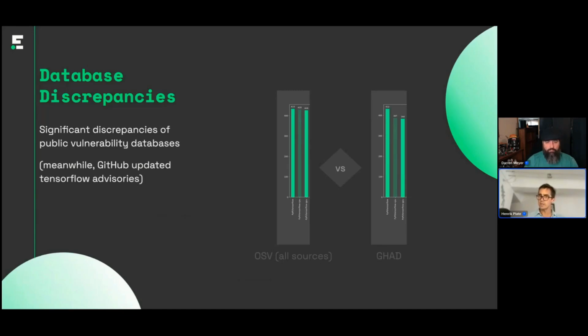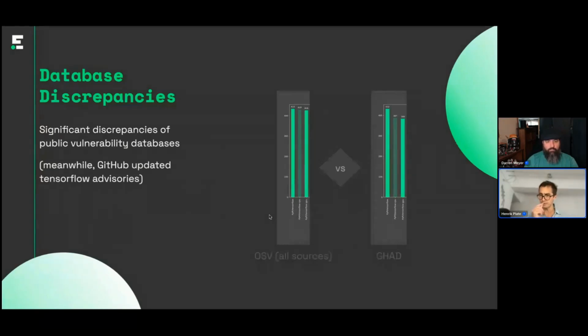But still, we looked at the different sources of the open source vulnerability database, and we noticed there are some discrepancies that happen, right? So on the left-hand side of this bar chart, you see vulnerabilities reported for the Python component TensorFlow, which is by far the component having the most reported vulnerabilities in the Python ecosystem, more than 400 for the three components, TensorFlow, TensorFlow CPU, and TensorFlow GPU.